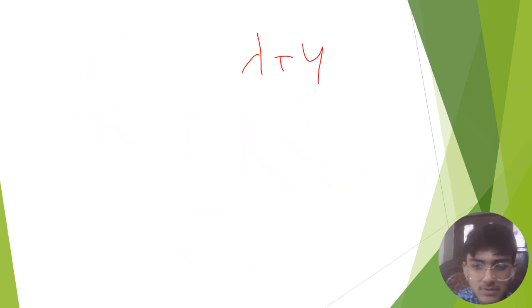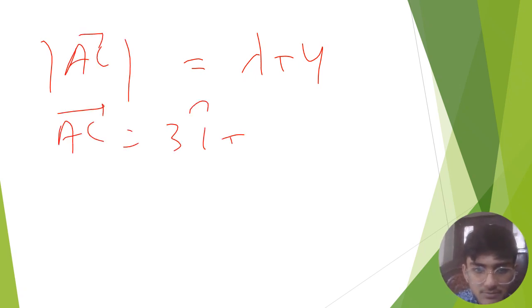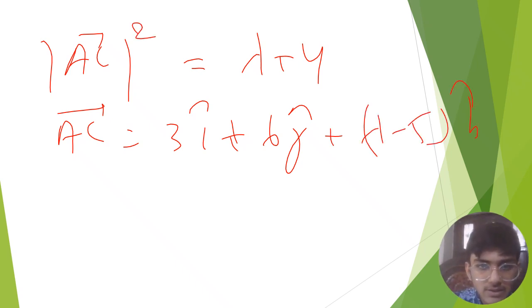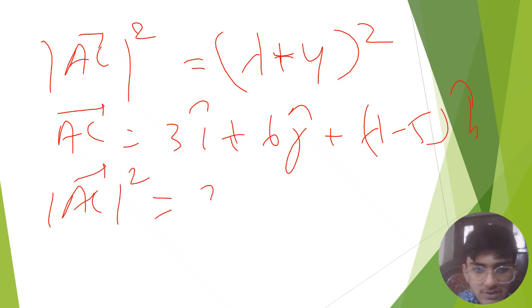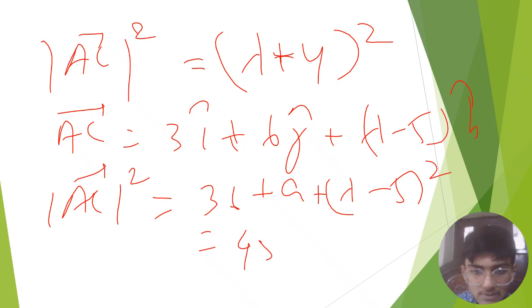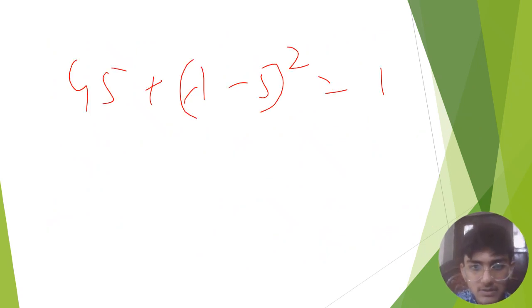And here you will take the magnitude of AC vector. Squaring both sides first of all: 36 plus 9, 45, plus lambda minus 5 whole square, equals lambda plus 4 whole square.